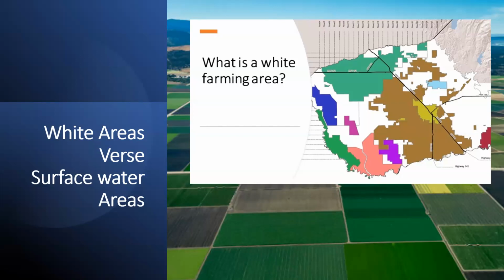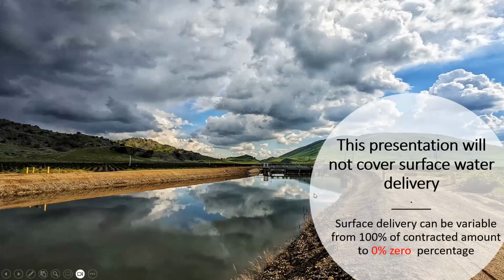A surface water area can have both surface water and groundwater. So it's still affected by the SGMA rules and regulations, because in a typical year, you can either have 100% as in 2023, or you can have 0% as in 2022 and 2021. So there's big swings in the amount of water that's available when you have an irrigation district with irrigation canals.